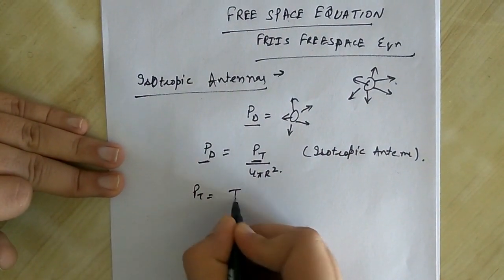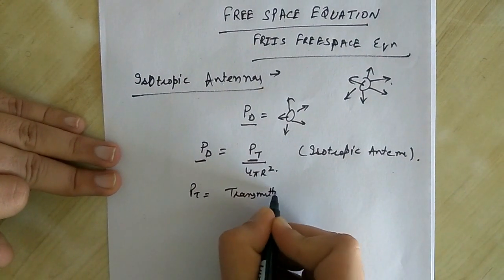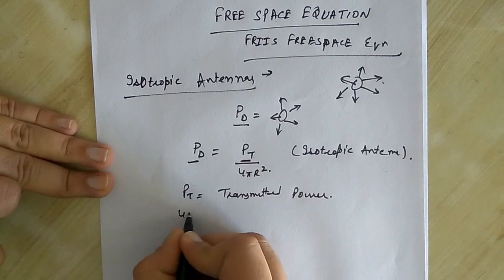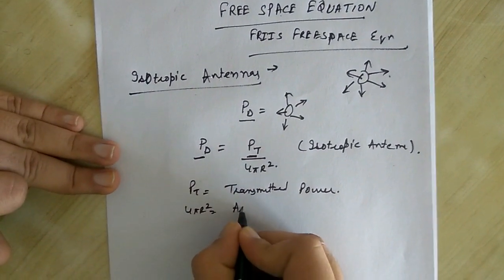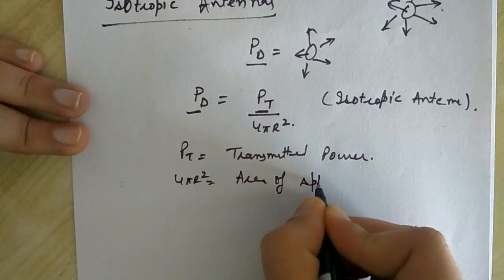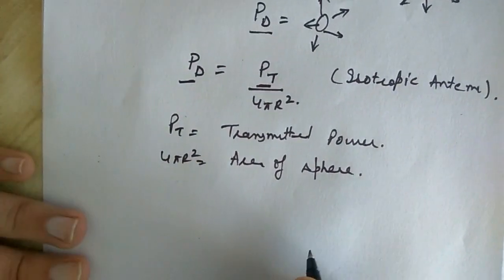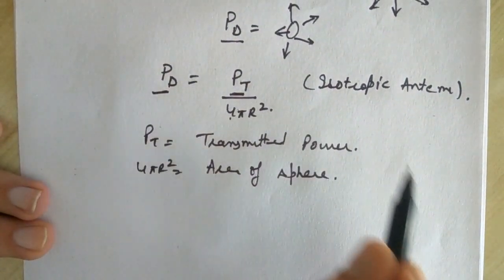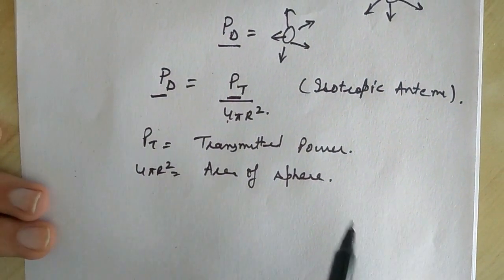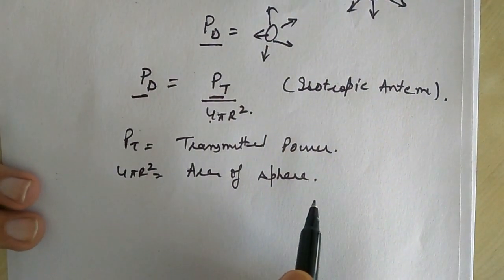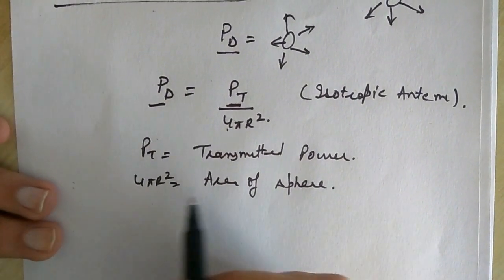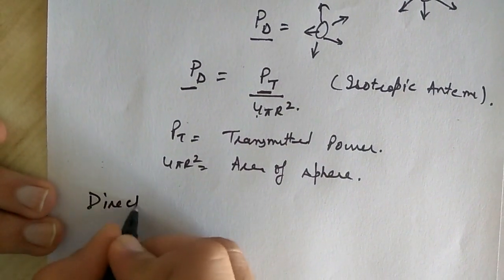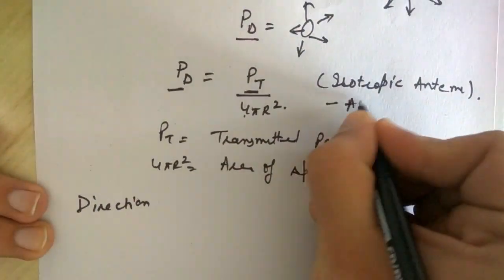Pt is the transmitted power which is transmitted by the transmitter, and 4 pi r square is the area of a sphere. As we all know, the isotropic antenna is capable of transmitting the radiations in all directions, so that is why we have considered the area of a sphere over here. This is our equation number A.